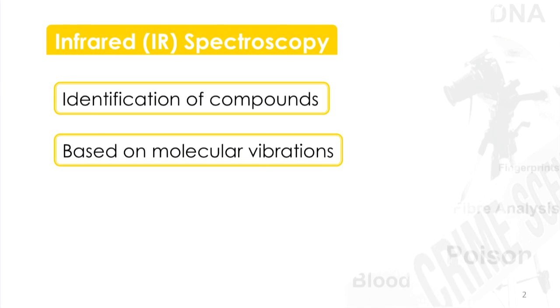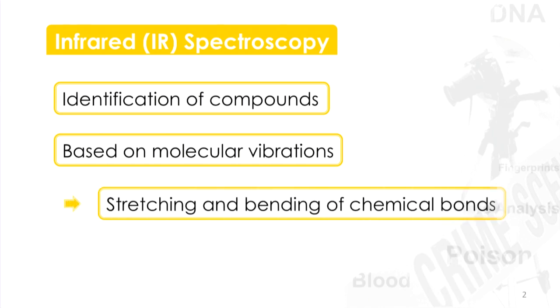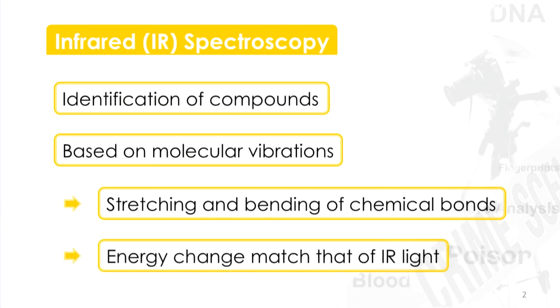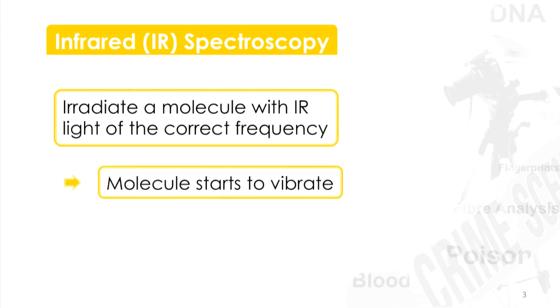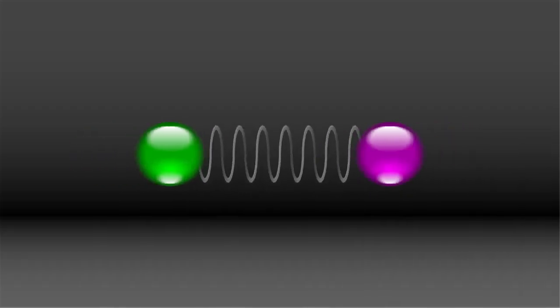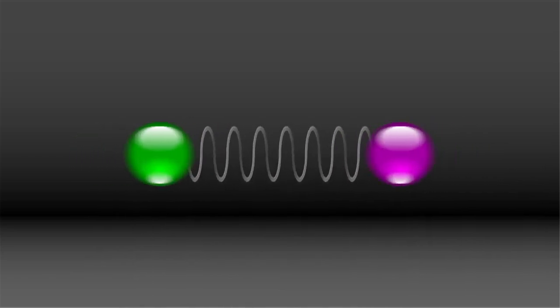The bonds connecting the atoms stretch and bend and wobble. And the energy changes that correspond to all these movements match the energy of infrared light. So if you irradiate a molecule with infrared light of the correct frequency, it will start to vibrate. And it's monitoring the absorbance of infrared light that is the basis of infrared spectroscopy.